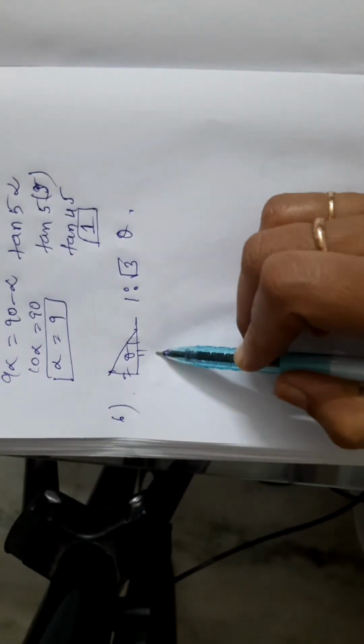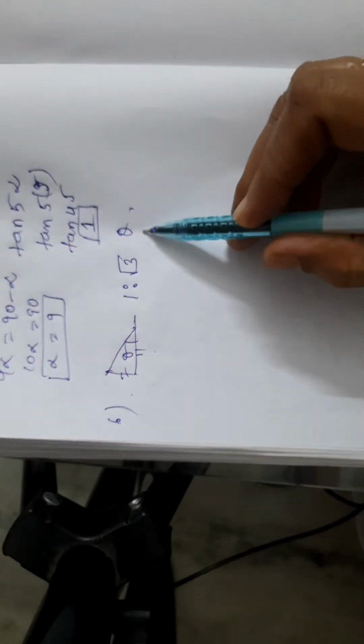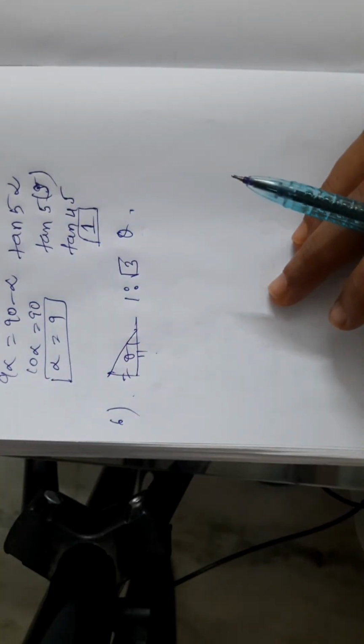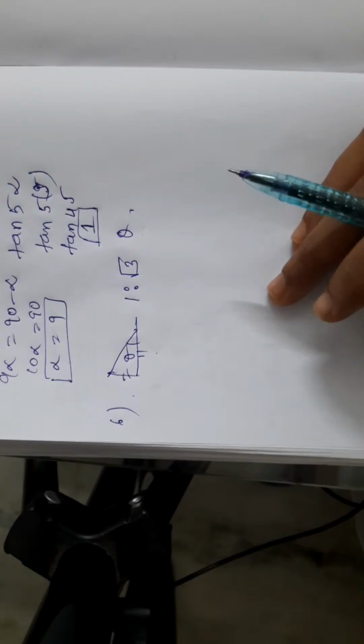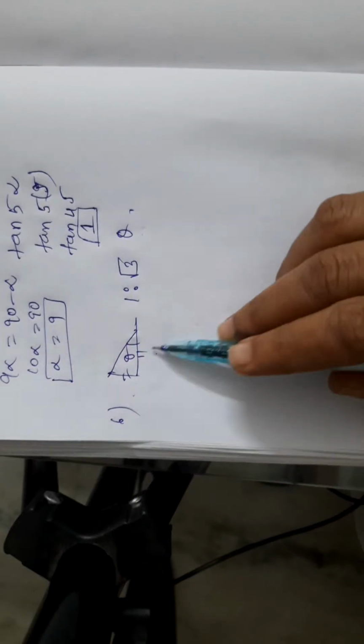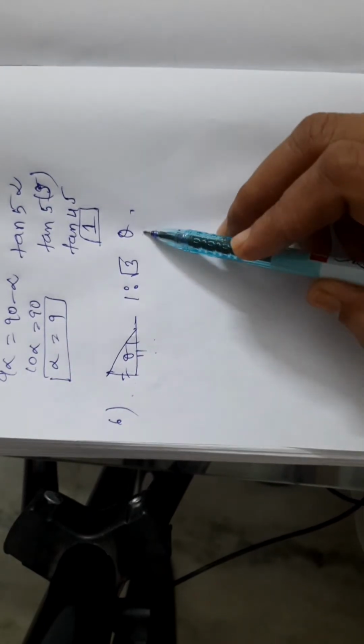Ratio of rod to shadow is given. We need to find theta. So what will be the answer? Waiting for you. What is the value of theta?